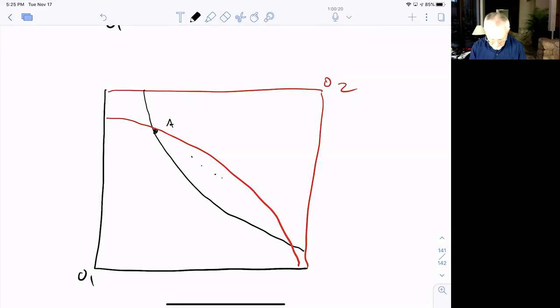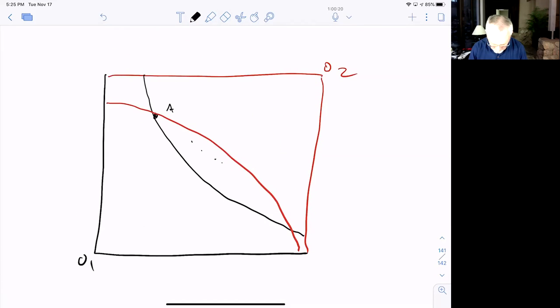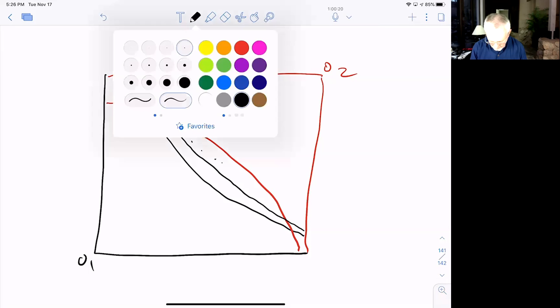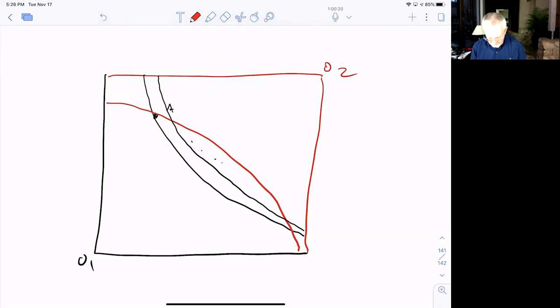And let's just suppose, it depends on their negotiating skills. It's not obvious how we're going to end up here, but let's suppose that we end up at this point right here, where the indifference curves are just tangent. So right here, let's give it a new name. How about point D?